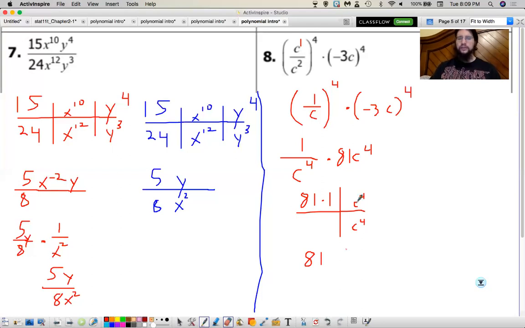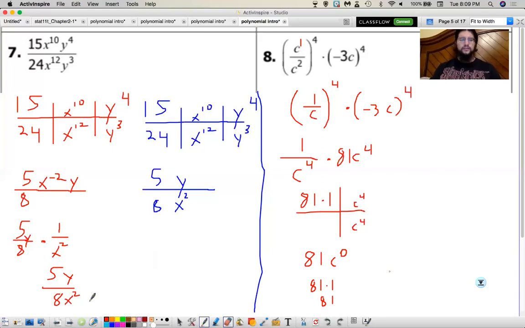Well, C to the 4th minus 4, that's 4 minus 4 is 0, so that's C to the 0 power. What's C to the 0 power? 1. Anything to the 0 power other than 0 is 1. So that's 81 times 1, which is 81. And that's why they cancel each other out, because they make a 1. And anything times 1 is itself.